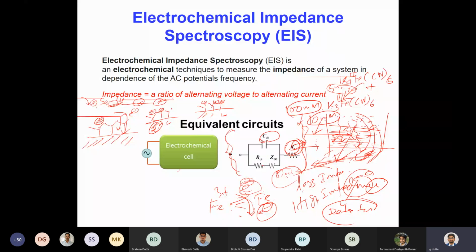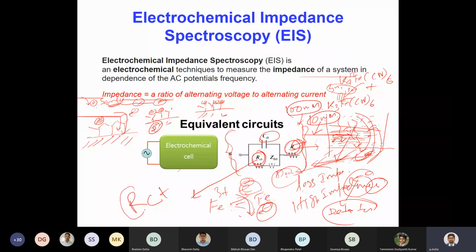CDL, this is what I put. If you think about the capacitor, this is the capacitance of this double layer. Okay, and RCT. RCT is the actual parameter we will measure. As I mentioned, we will measure the impedance. Actually, we will measure RCT. What is RCT?